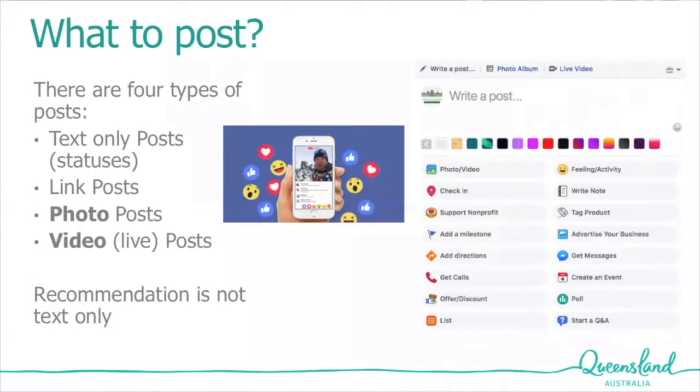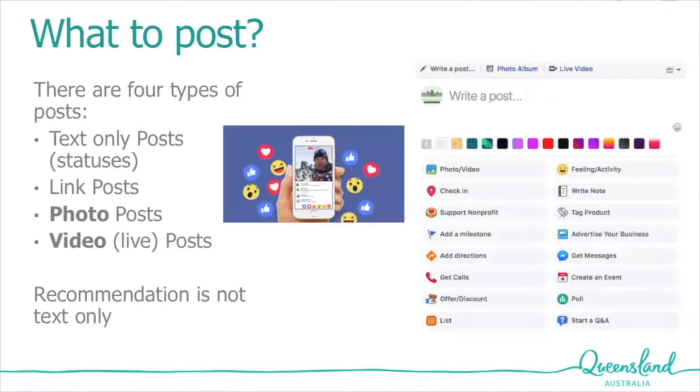You can also share posts from others, can't you? So you might share somebody else's post. The most common type of posts are photo posts, and we want you to take great images to be able to capture people's attention. And then the algorithm still favours video posts.